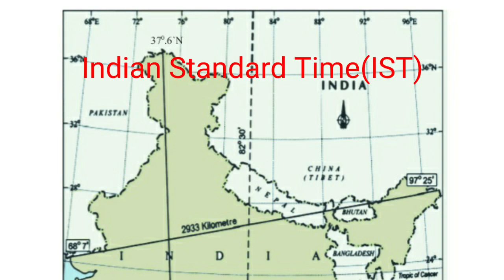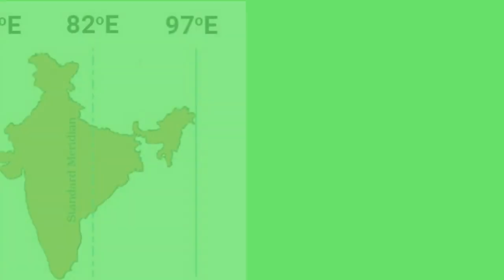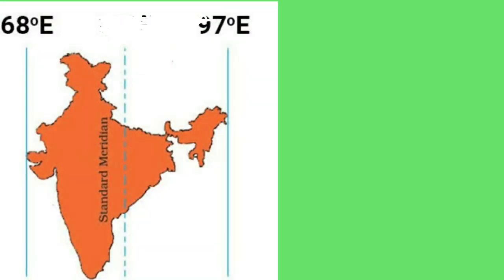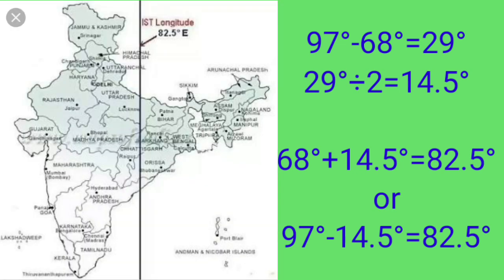Let us know what is Indian Standard Time. We know India lies between 68 degrees 7 minutes east longitude to 97 degrees 25 minutes east longitude. It extends approximately 29 degrees of longitude. Due to this vast longitudinal expansion, the extreme west part of India is approximately 2 hours behind the extreme east part of India.